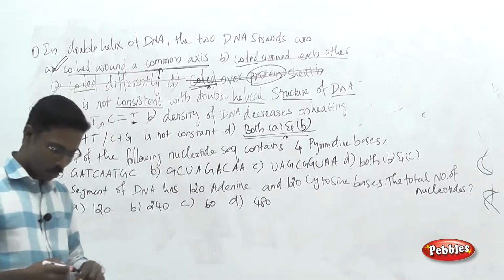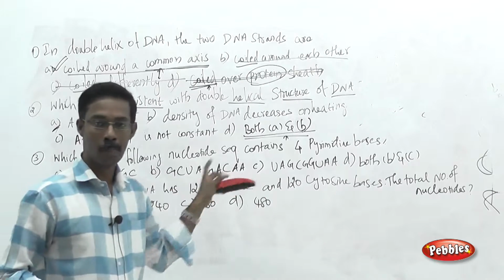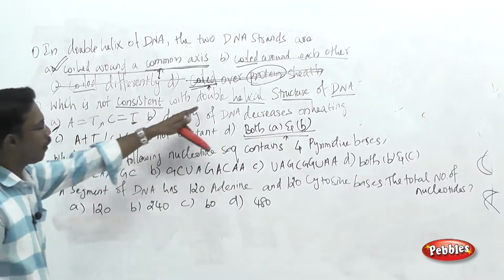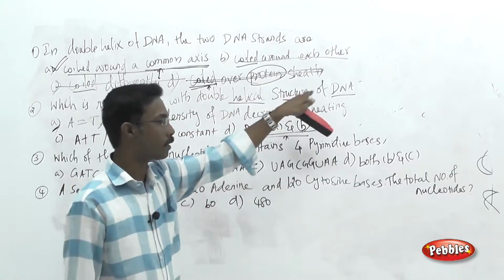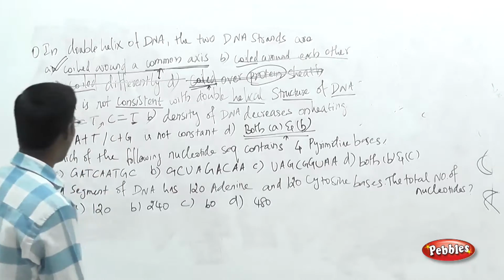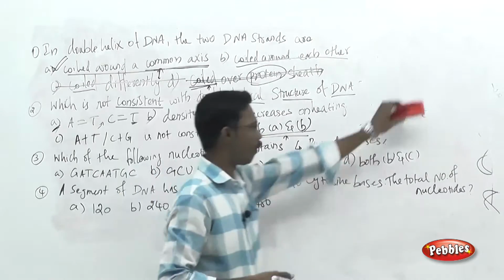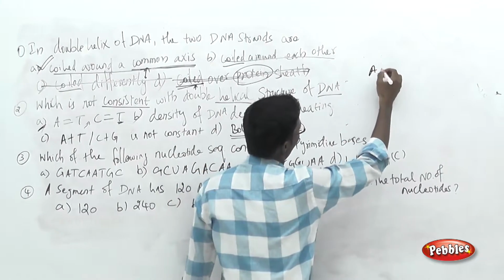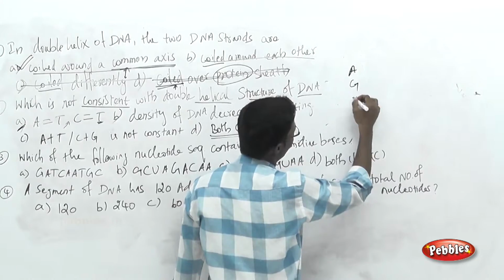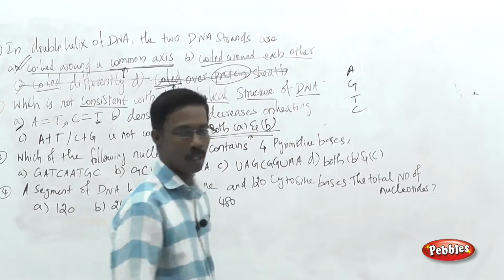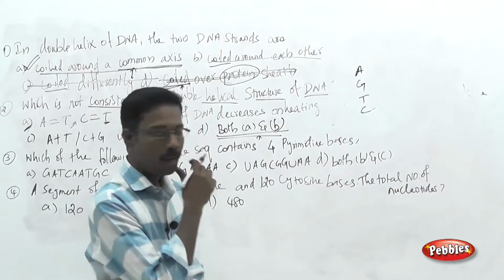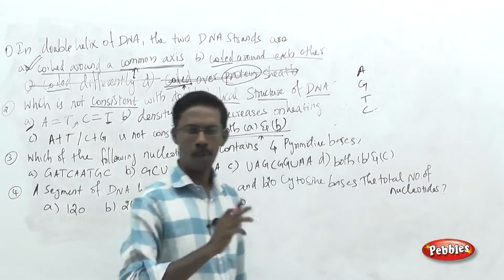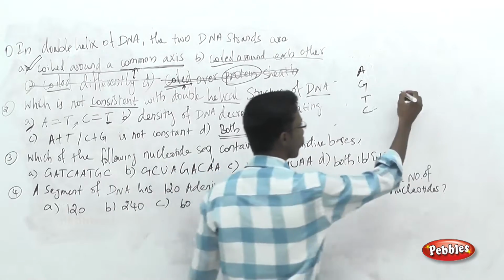In many questions you can see choices like this. You have to choose 2 or 3 choices at a time for the question. Here we are talking about the double helical nature of DNA. In a DNA you have to remember there are 4 bases present: adenine, guanine, thymine and cytosine, in a particular sequence.